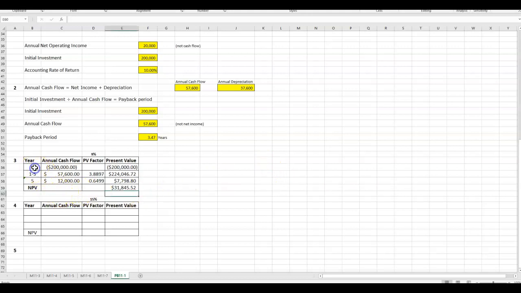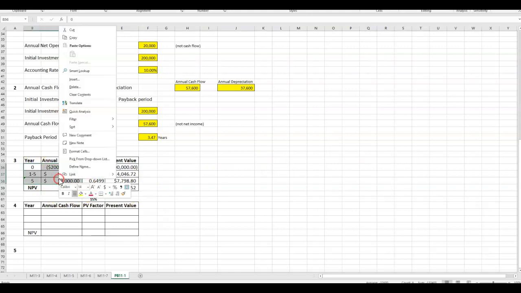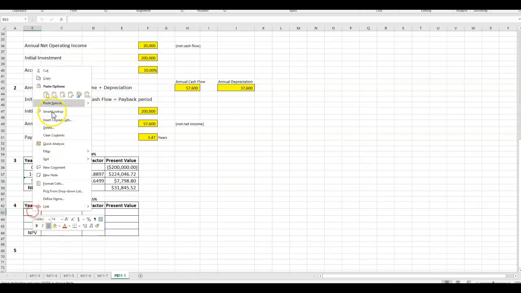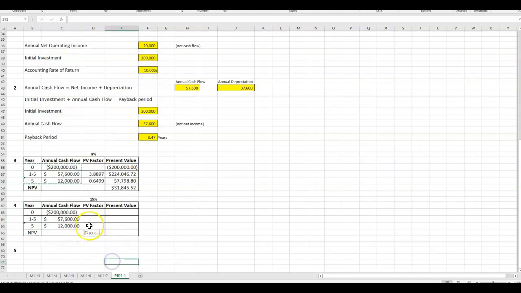So we're going to use these same numbers here. There's no present value of 200,000 because we are at present day, so it's a negative 200,000 cash outflow. Now we need to look at our tables for the factor at 15%.